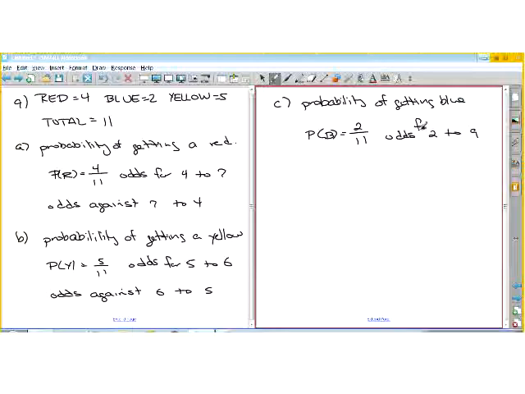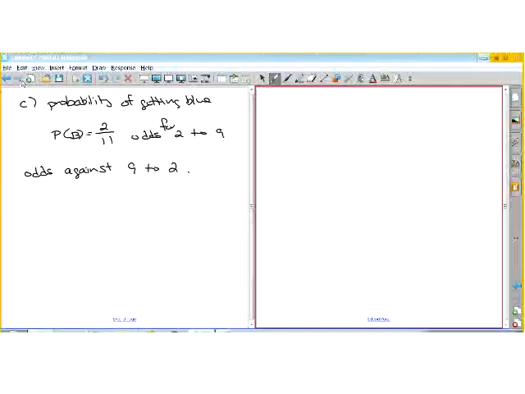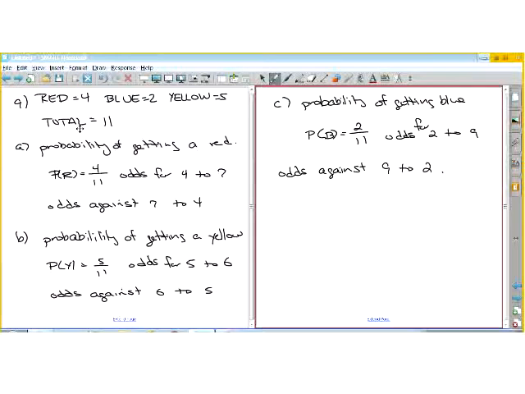So the odds against is 9 to 2. So to me that makes the most sense. Do the probability of something happening, then change it to odds. You use the conversion. And then to do odds against, you just flip the 2.